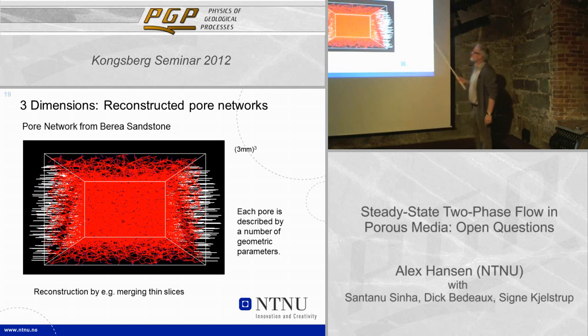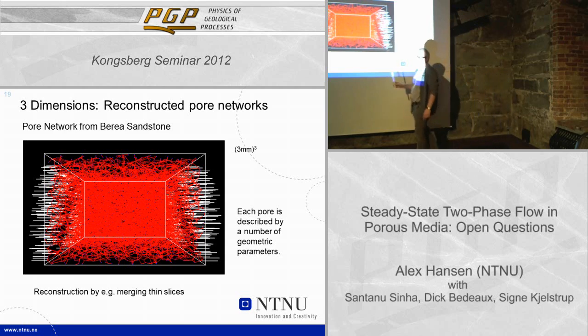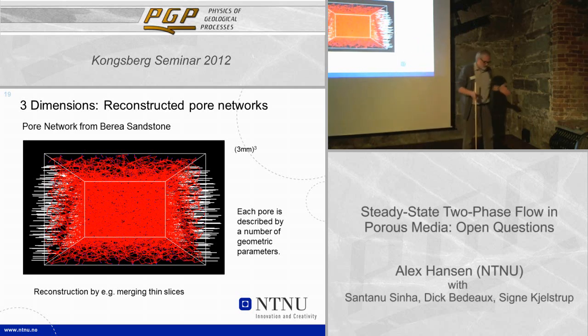3 dimensions. Here's a reconstructed Berea sandstone. Basically what you do is you take a little 3 millimeter by 3 millimeter by 3 millimeter cube, you slice it up and take a picture of the surface as you slice through the system, and from that you reconstruct the pore system, I mean the topology of the rock, and then you extract the pore network.